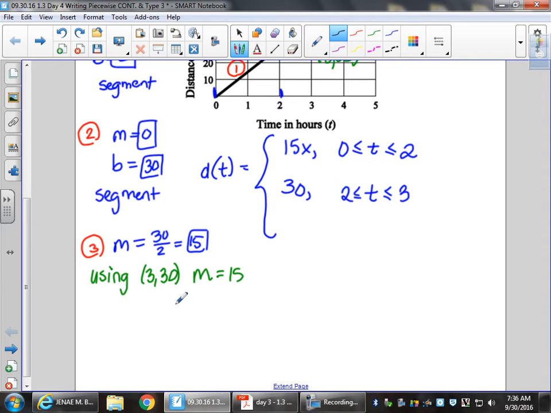Who can give me point slope form? Taisha? Nice job. Go ahead and solve for y.